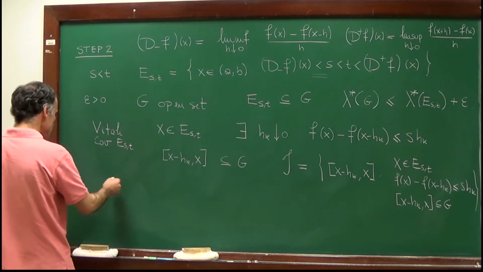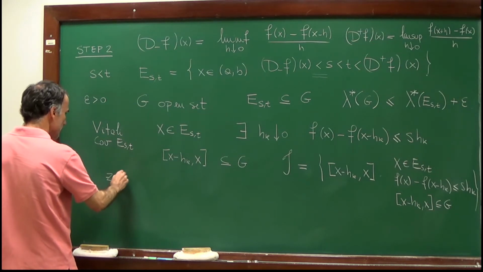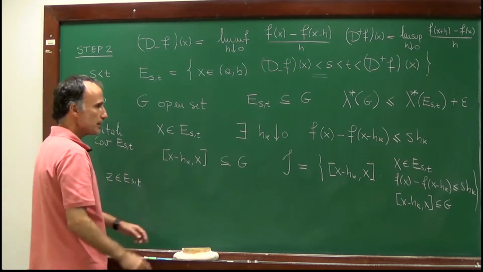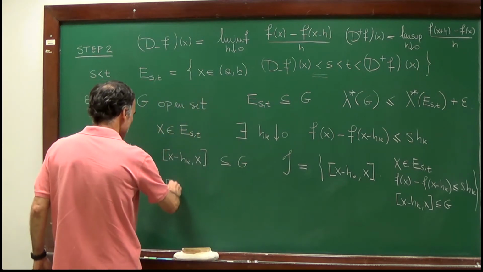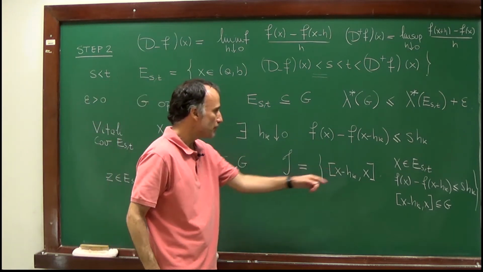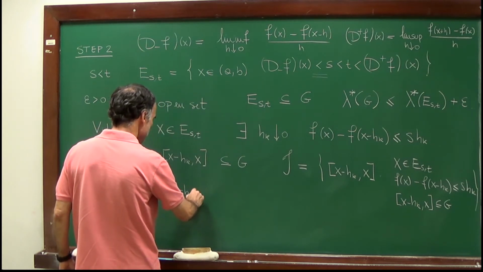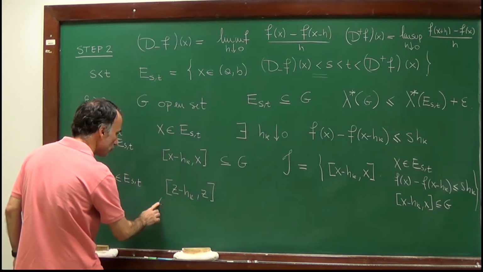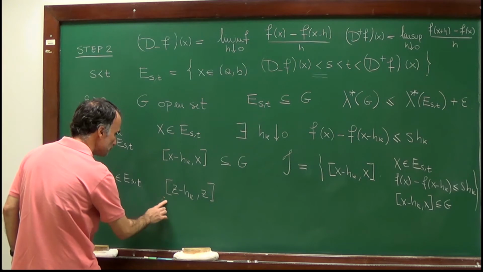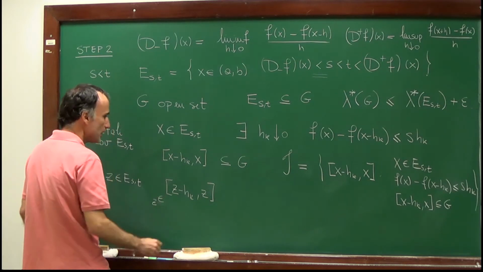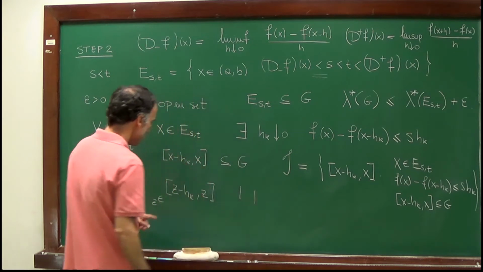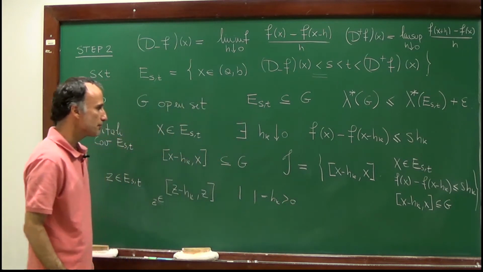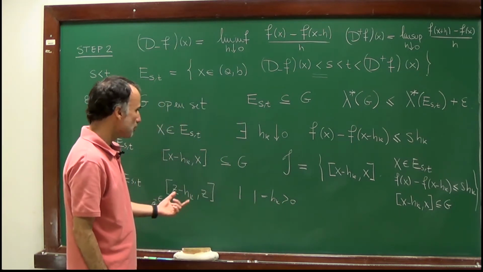Why is that so? Well, take a point z in E_s. Then I can find a family of intervals of the form [z minus h_k, z]. It's clear that these intervals all contain z, and the length of this interval is equal to h_k. The h_k are all strictly positive, and they are as small as one wishes.